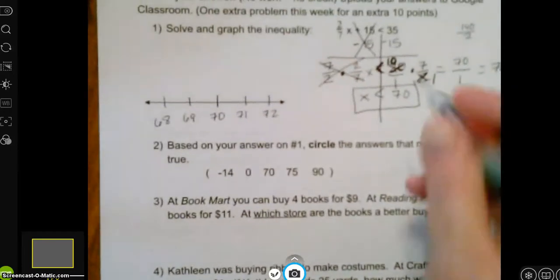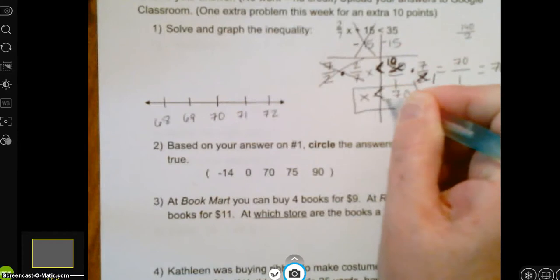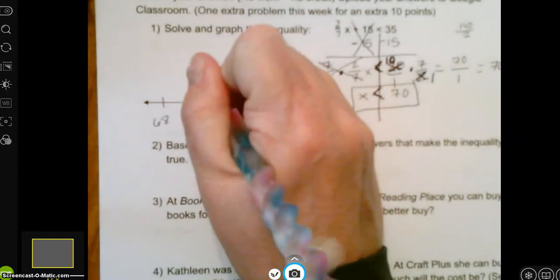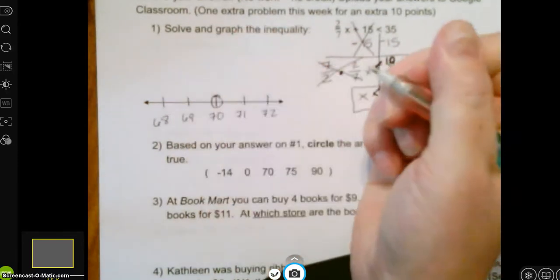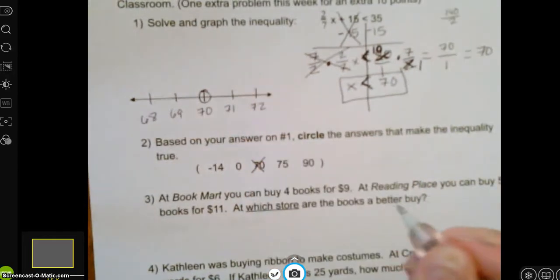And remember, when you do not have the equal sign, which we do not, this is x is less than 70. That means you put an open dot. It means it cannot equal 70.